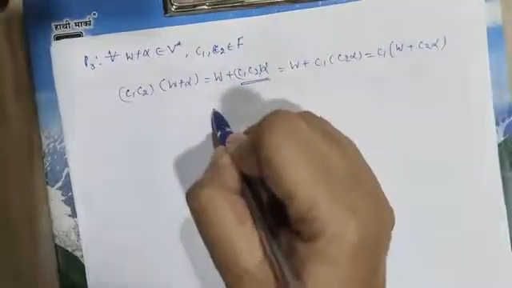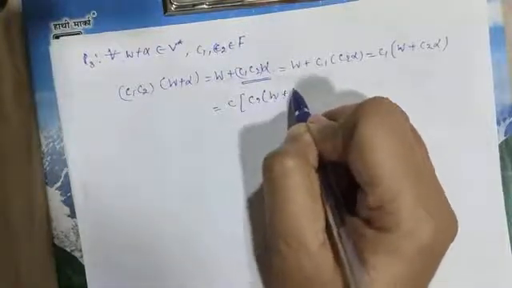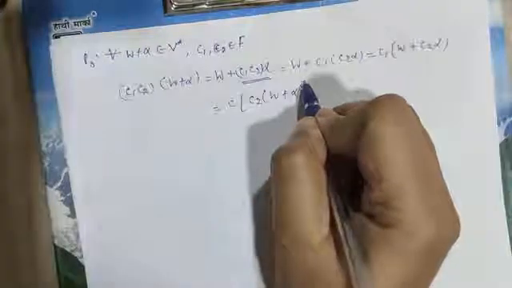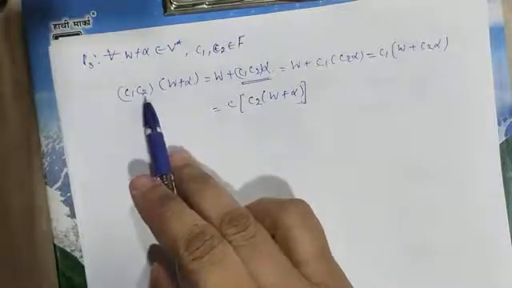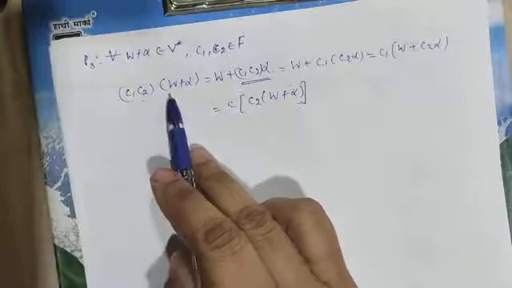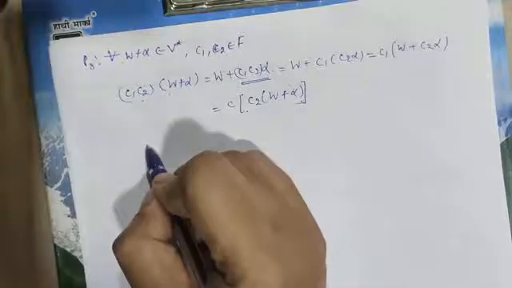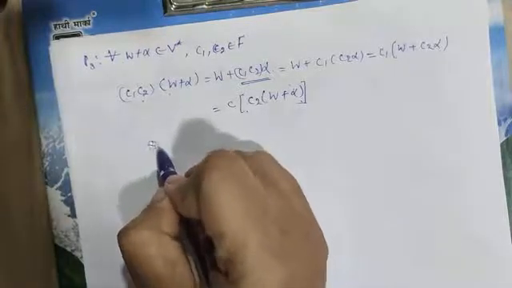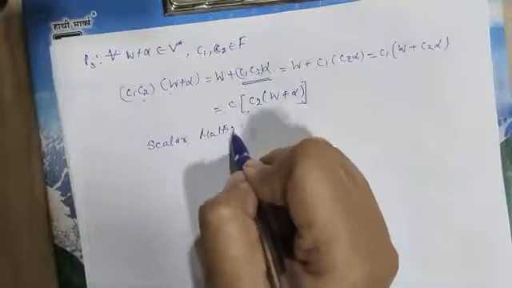So finally this is equal to C1 C2 W plus alpha. So here scalar multiplication is associative.